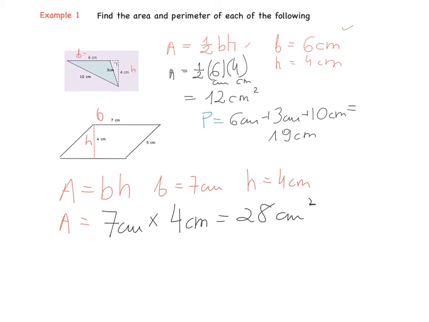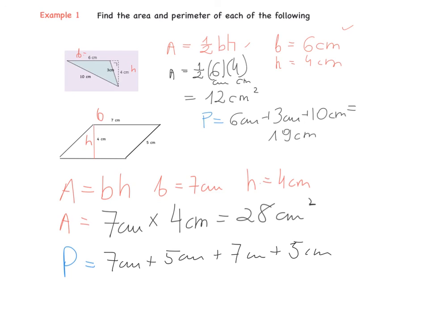Okay, make sure you have the same unit. Okay, if you have centimeters and meters, you need to change them to have the same units. And then perimeter, you need to just simply add all the lengths of the sides. Okay, so we have 7, 5, 7, 5. 7 centimeters plus 5 centimeters plus 7 centimeters plus 5 centimeters.